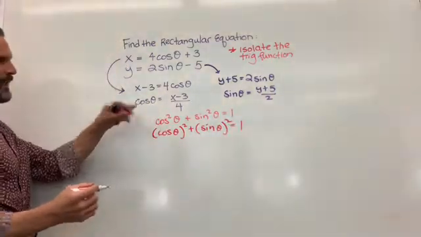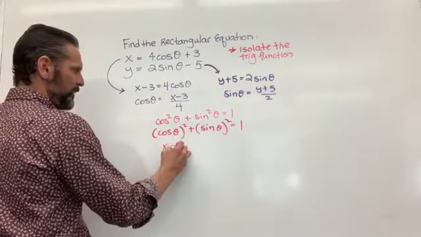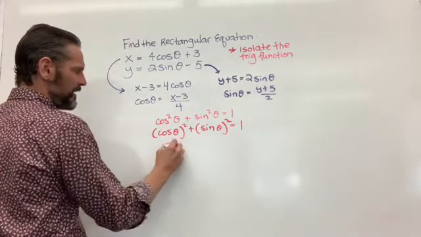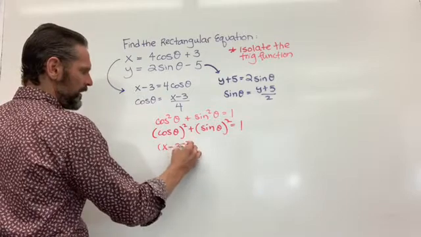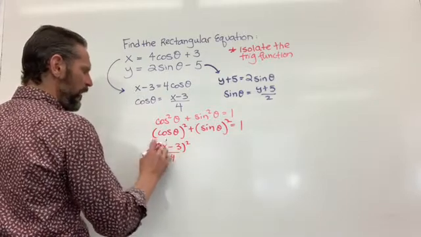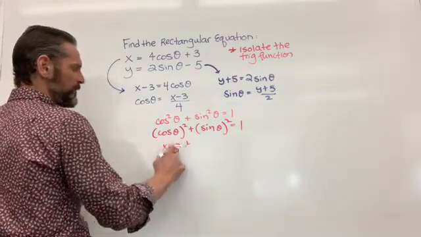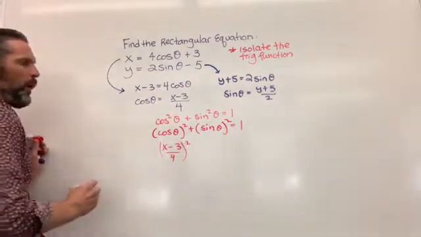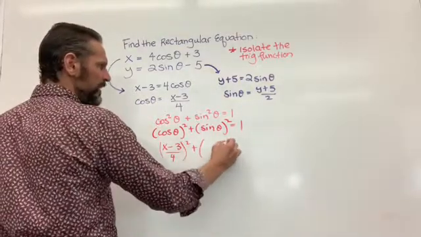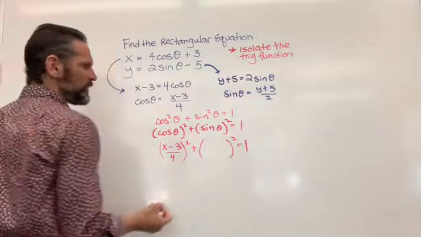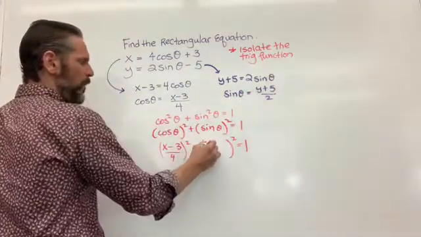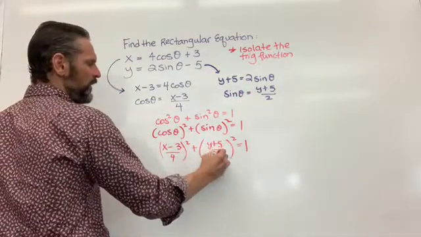Well, what is cosine theta? I make my substitution: x minus 3 over 4, the whole thing squared, right? When I make that substitution, let me do it correctly. The whole thing will be squared, plus whatever sine is equal to, squared. Well, we know that's y plus 5 divided by 2.